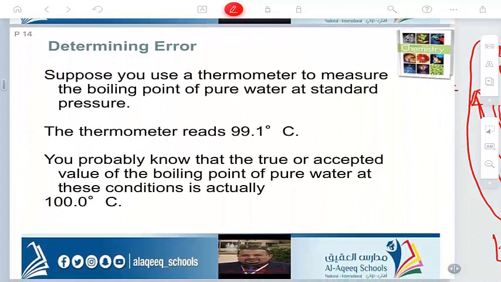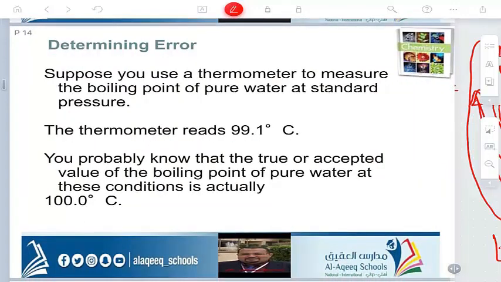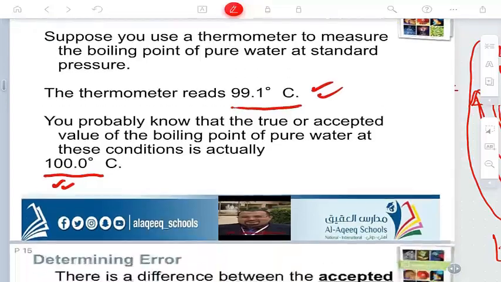Now we need to determine the error. What is the error? If you are measuring the boiling point of water, as I said, by thermometer, and the thermometer reads 99.1 degrees Celsius, not 100, this is the actual value, it must be 100 degrees Celsius, but we have the reading 99.1. From these two readings, the actual one you know and the measured one, you can find something called the error.